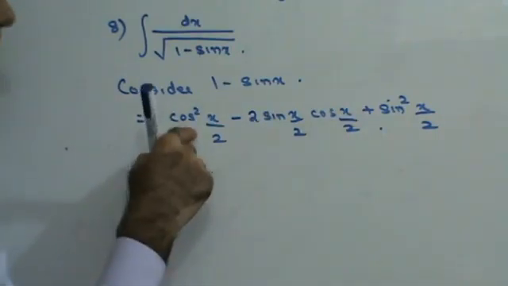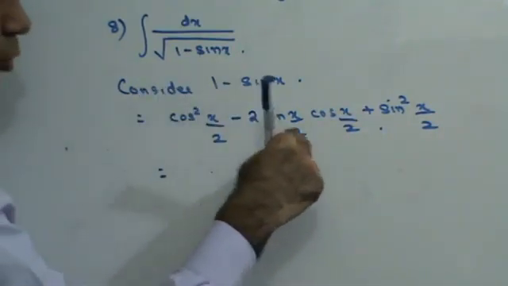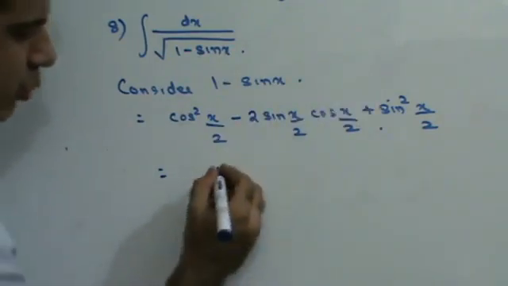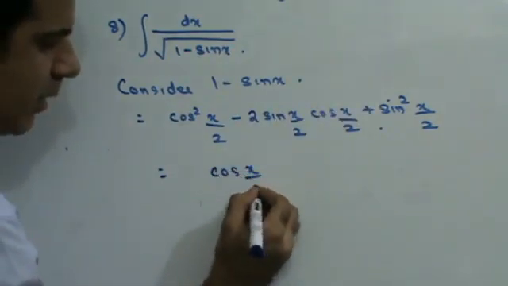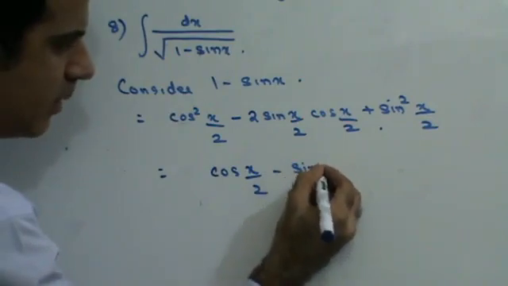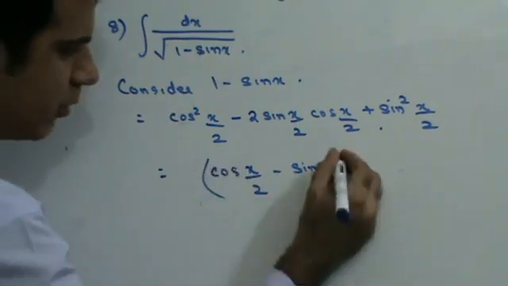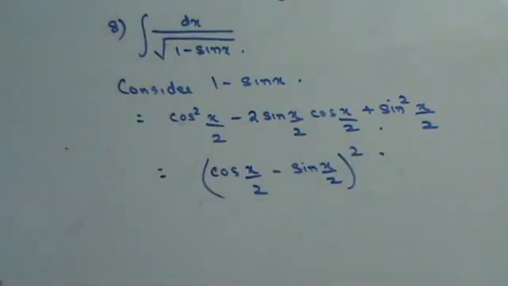Now this is in the form a square minus 2ab plus b square, which will be nothing but (a minus b) the whole square, right?